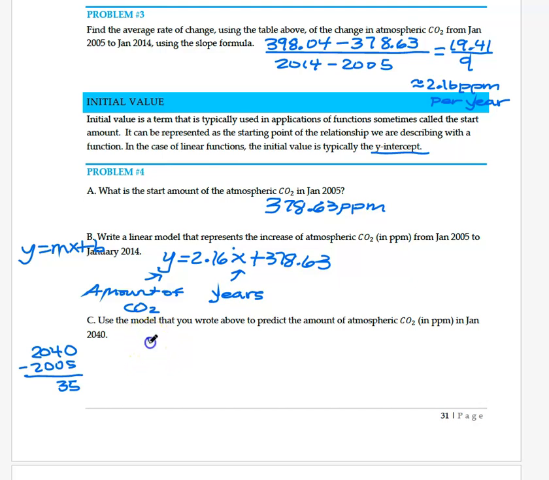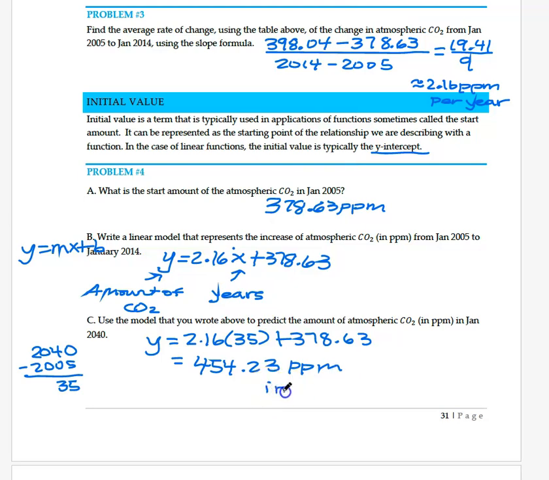All right, so let's plug those things in. y equals 2.16 times 35, that goes in place of our x, and then plus 378.63. Put that into your calculator, and it comes up to be 454.23 parts per million.